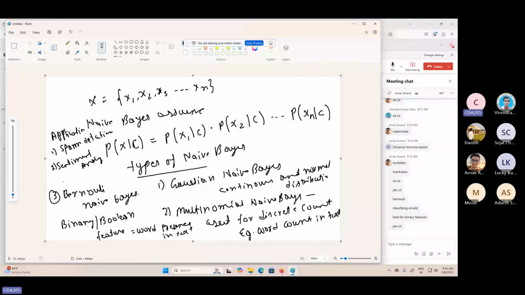Then we have document classification. These are the medical diagnosis. These are the best examples of it.